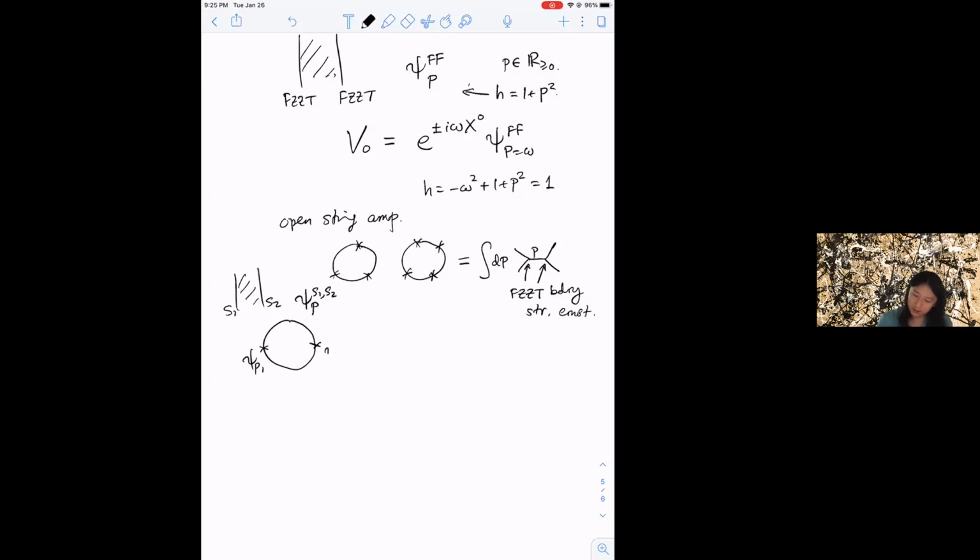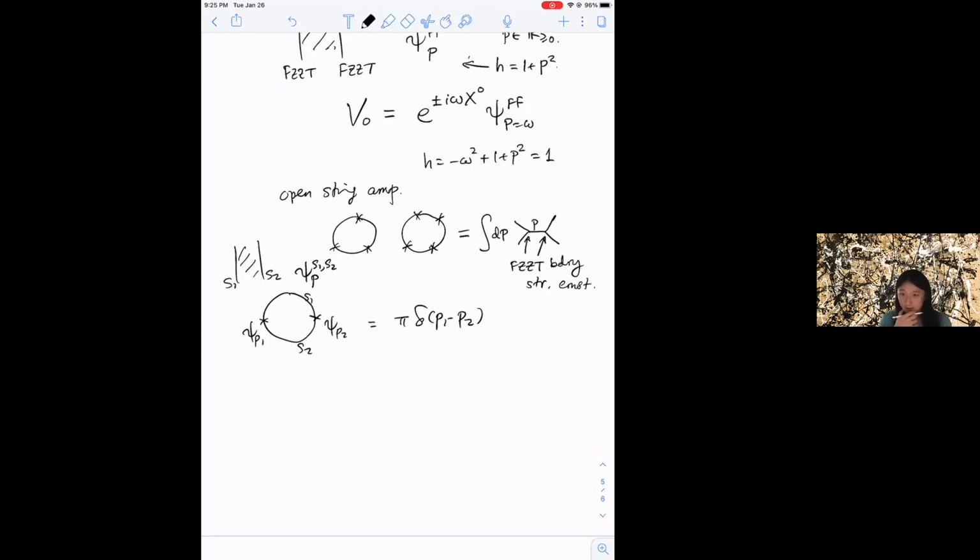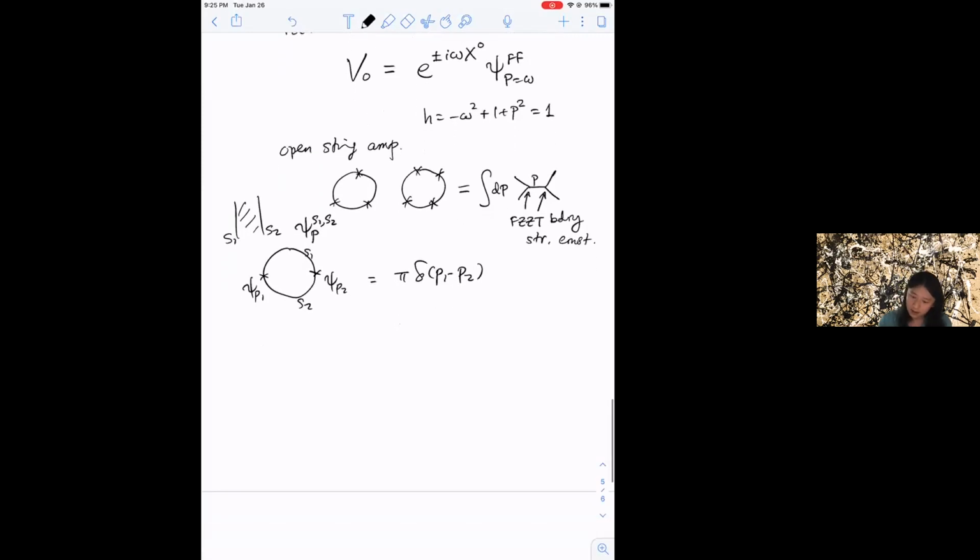So you can normalize the two-point function like so with s1 here, s2 here. This, let's say, call it pi times delta(P1 minus P2), and factoring out the usual universal coordinate dependent factor. Then, you can talk about, let's say, psi P1, psi P2, psi P3 with some parameters s1, s2, s3.